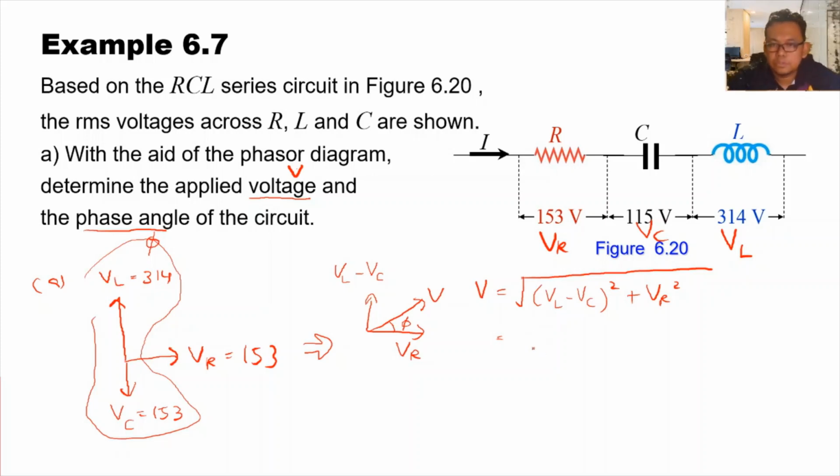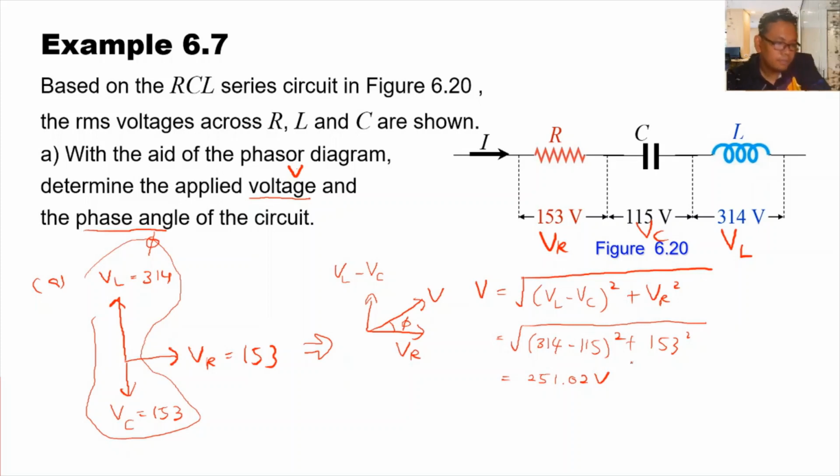We substitute the values, take the square root, and we get 251.24. From that value, we can get the phase angle.